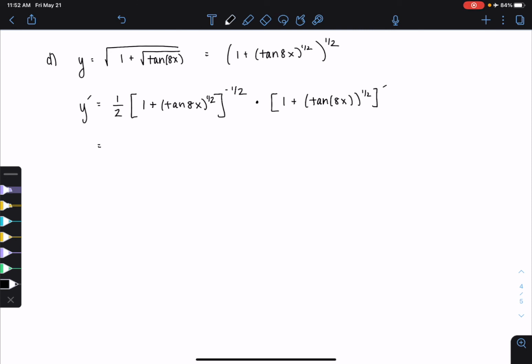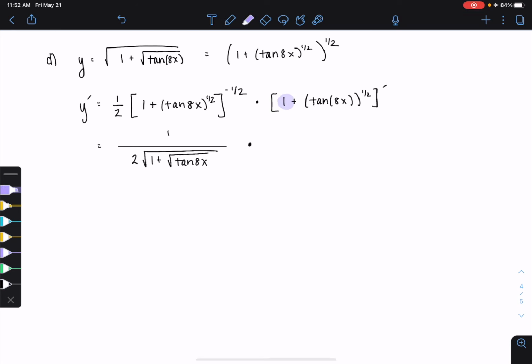So to clean this up, you can move that negative 1/2 in the bottom, and it would become 1 over the square root of 1 plus the square root of tangent of 8x. Just rearranging it. Now I've got to take the derivative of this thing.